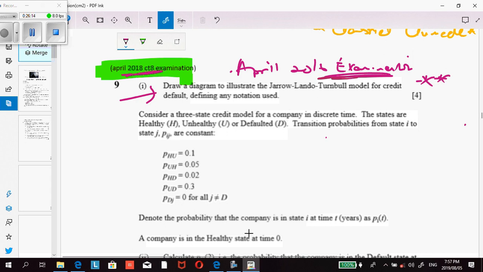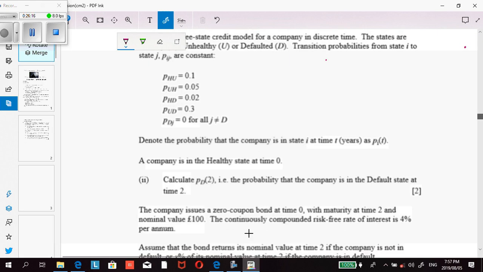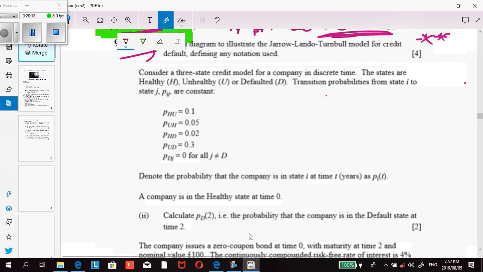Now, the next part of the question is where we apply our Jarrow-Turnbull model. Because now they say, consider a three-state credit model for a company in discrete time. The states are healthy, unhealthy, or default, which is D. And the transition probabilities from state i to state j are constant, and they are given here.